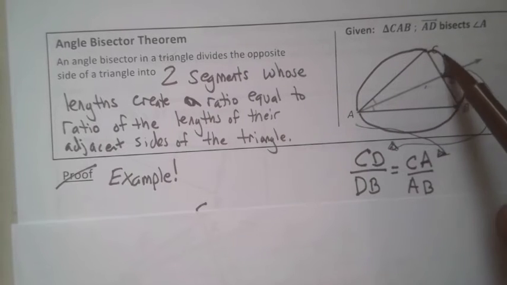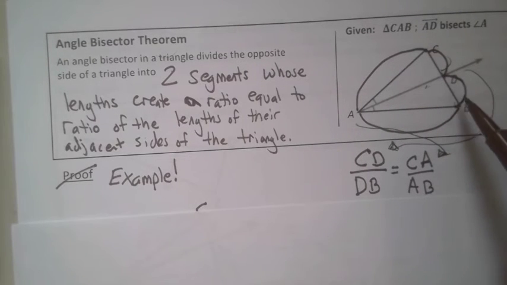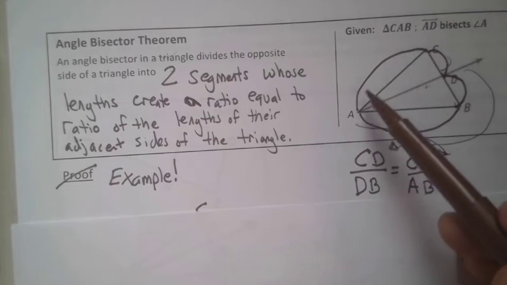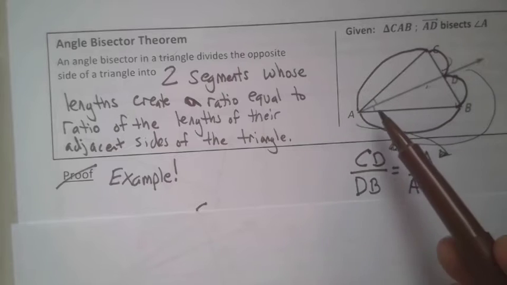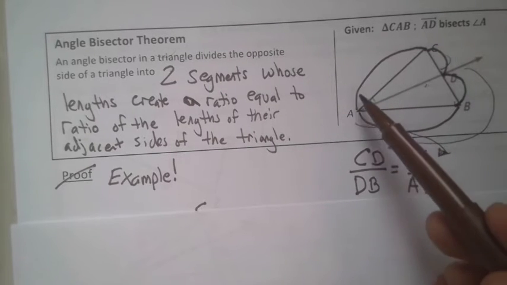is that CD over DB will be the same proportion as CA over AB, aka the angle bisector theorem. This is only true when these two angles are equal to each other.